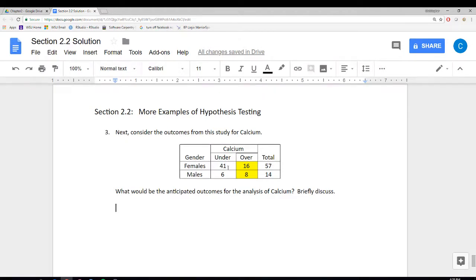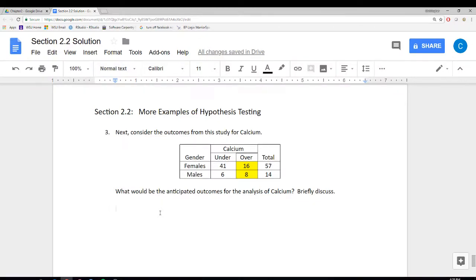In particular, many more females are under their level. So it's looking like for calcium the males will be okay, but the females will probably be too low. I don't have a p-value being computed here, but I would anticipate that the females would actually be an outlier. So let's go ahead and write that up.